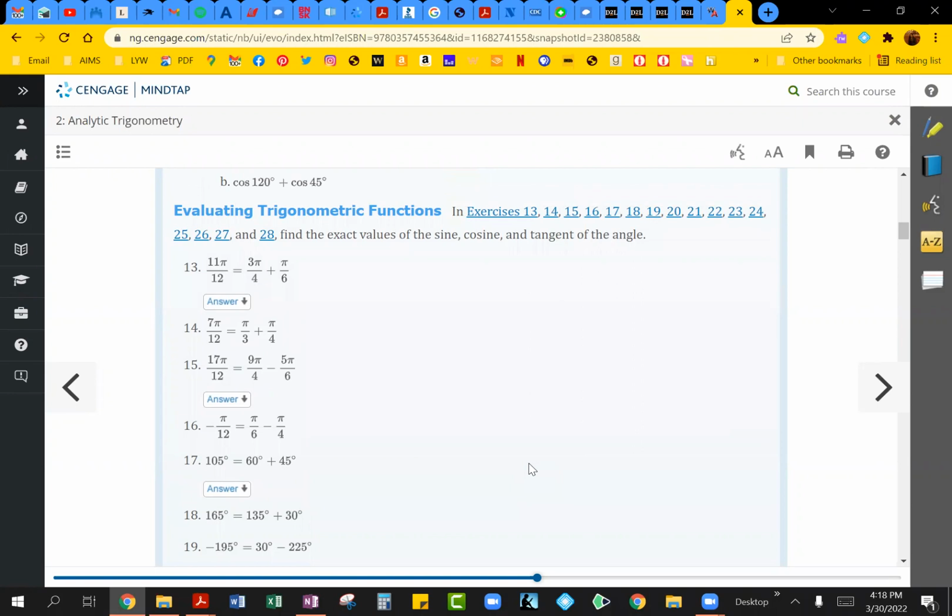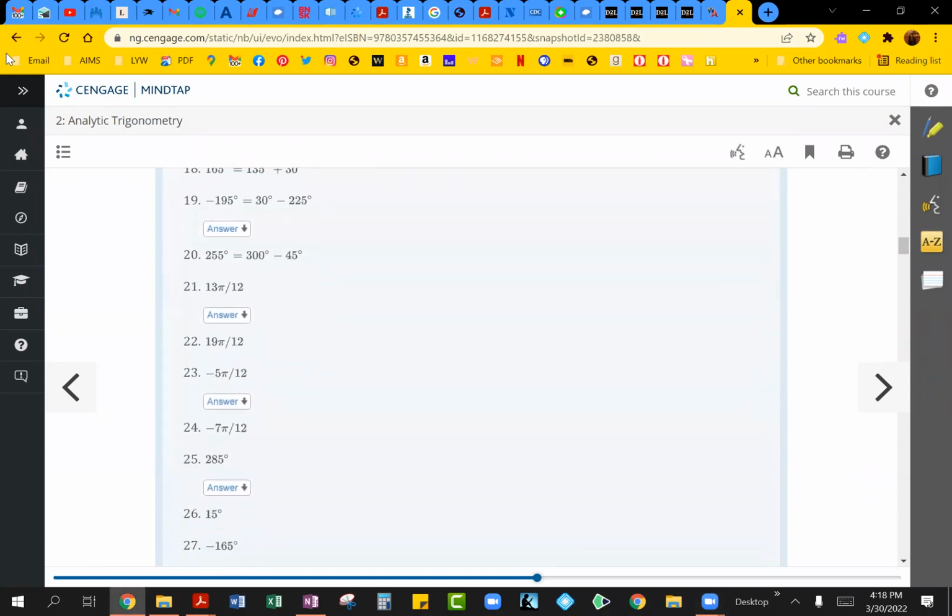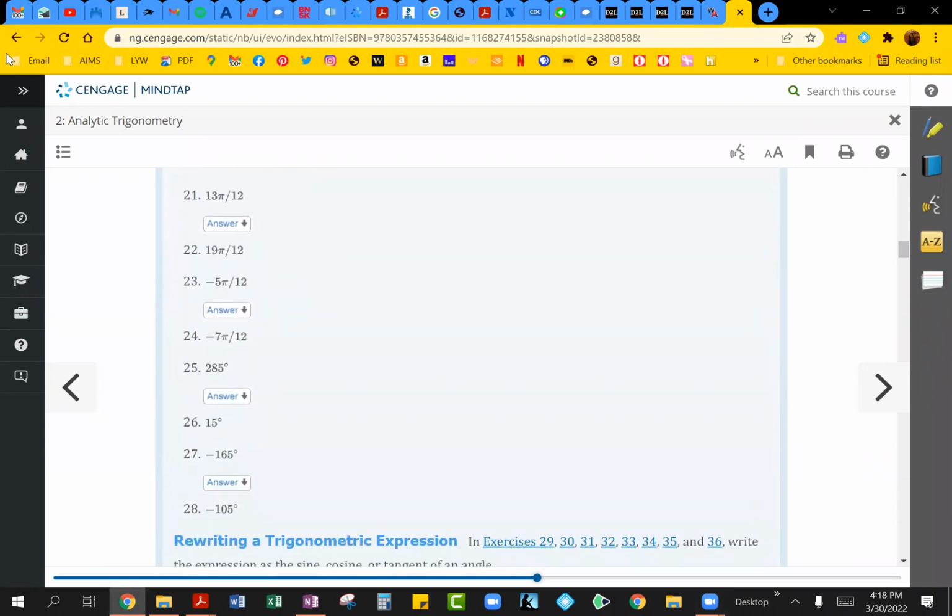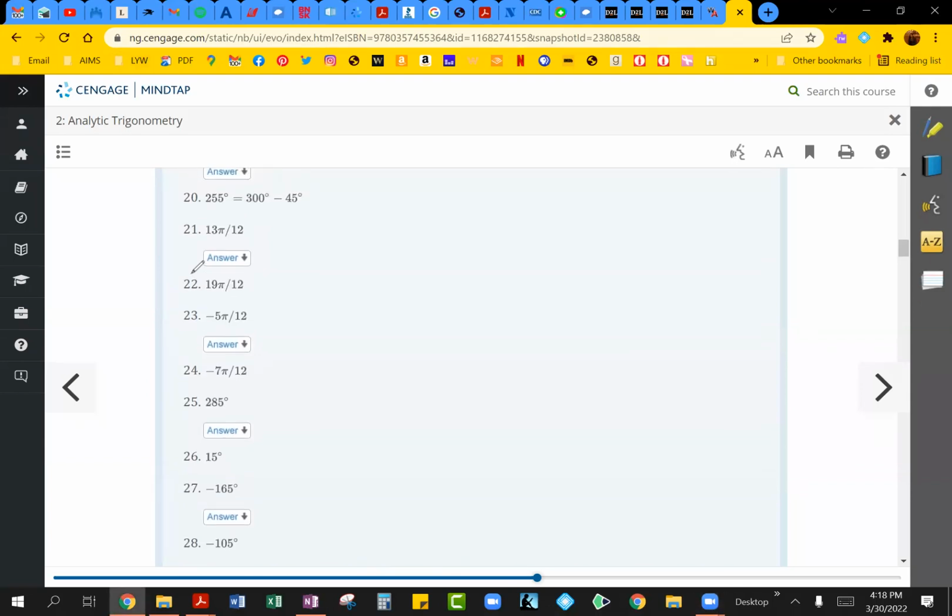But, again, just in the saving of time kind of sense, we'll do one of those trigonometric functions instead of trying to do all three of them. So let's do number 23. And how about we do the cosine function here.